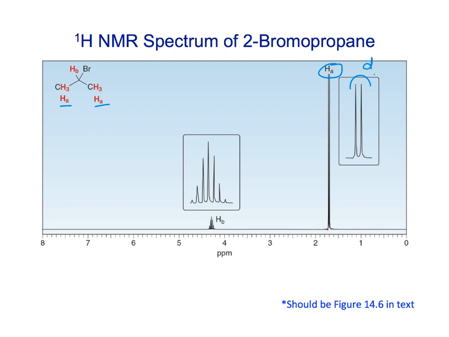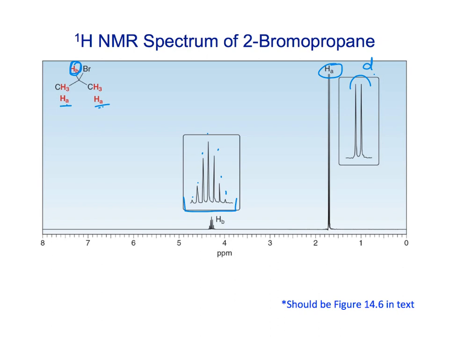That signal is getting split to a doublet because both of the methyl groups have a single proton HB on the adjacent carbon. And then HB, like I drew out on the previous one, here's the signal for HB. It has 1, 2, 3, 4, 5, 6, 7 peaks, a septet. Just like I drew it.